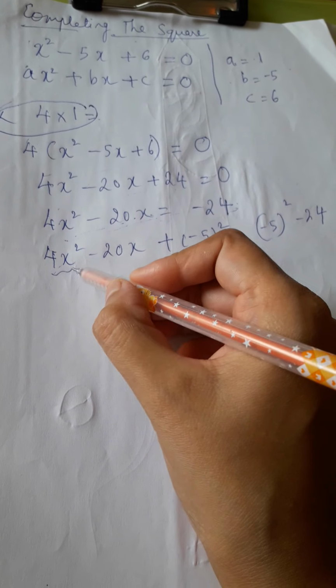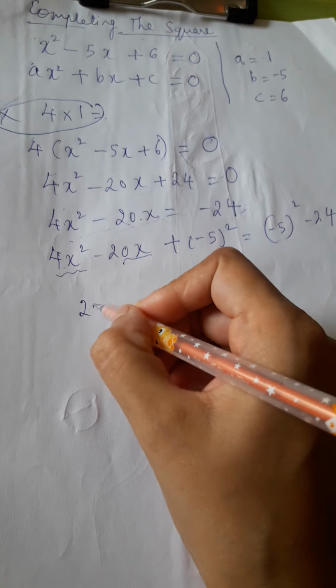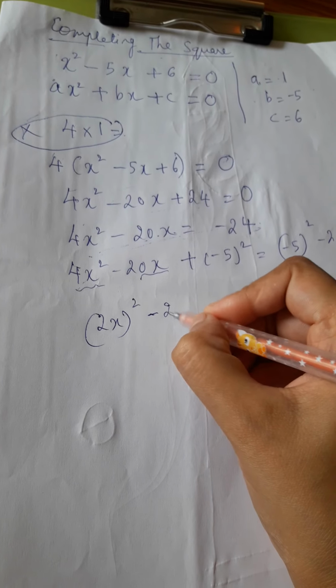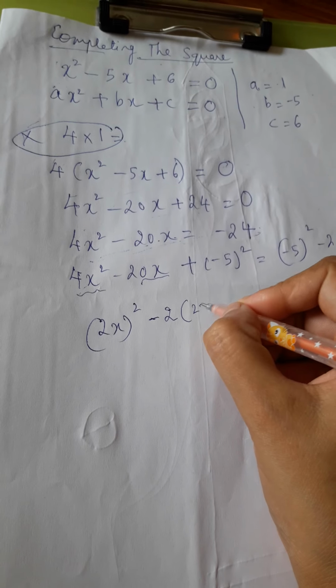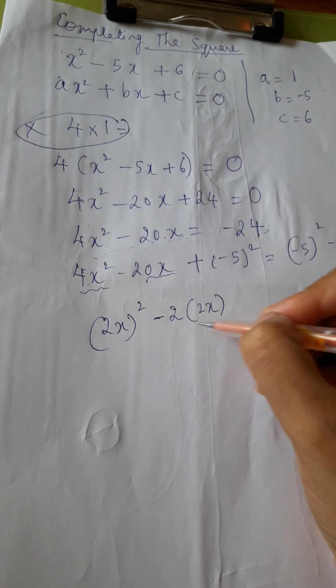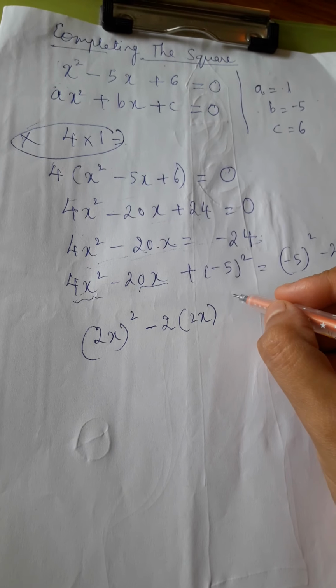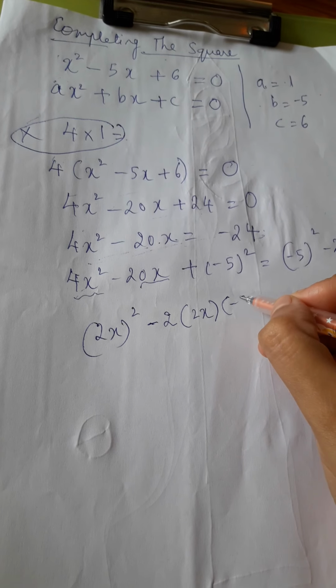And I would rewrite these things as, what is 4x square? It is 2x the whole square. Minus 20x: I rewrite 20 as 2 into 2, and I'm going to split it as 2ab, because I'm going to make use of the square trinomial, into minus 5.